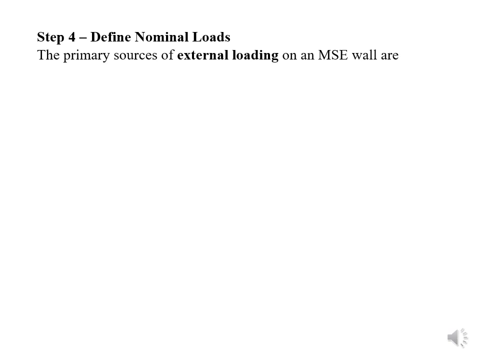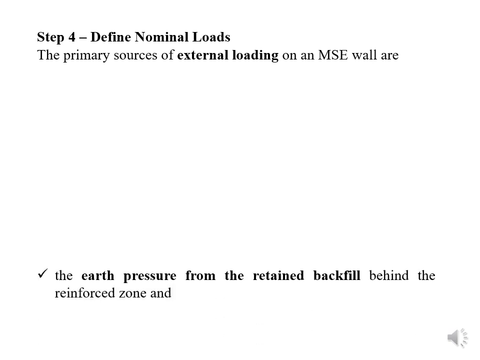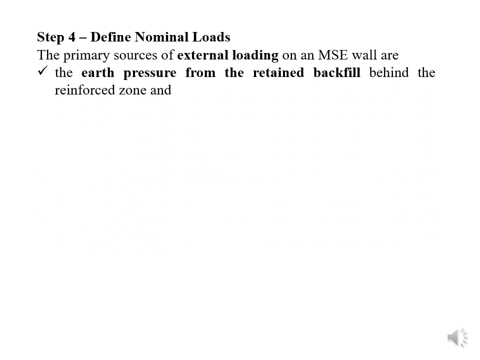The preliminary sources of external loading on an MSE wall, MSE meaning mechanically stabilized earth wall or soil reinforcement wall, are the earth pressure from the retained backfill behind the reinforced zone, and any surcharge loading above the reinforced zone. Definitely, if you construct a retaining wall, some materials will be behind it. You construct the retaining wall to retain those materials, right? So that is also going to create load on your retaining wall. That is the load from behind and above the retaining wall.